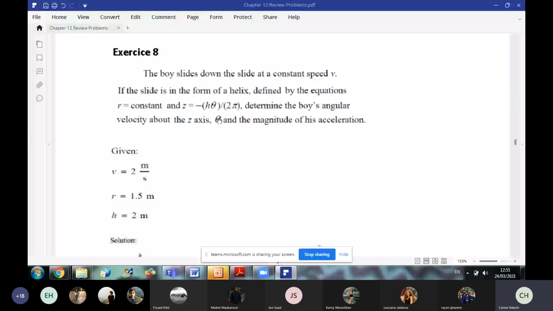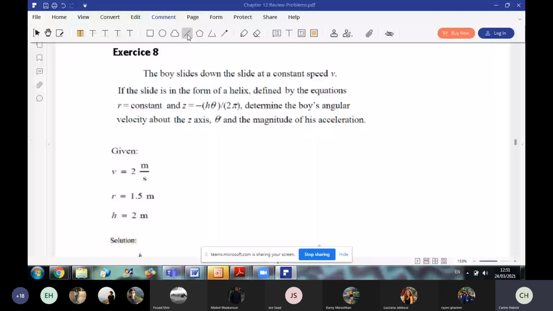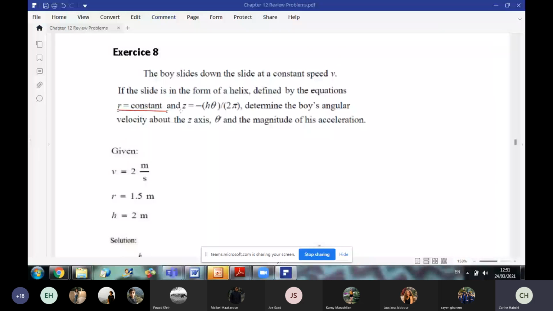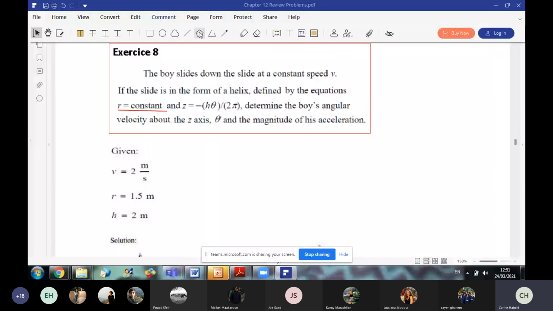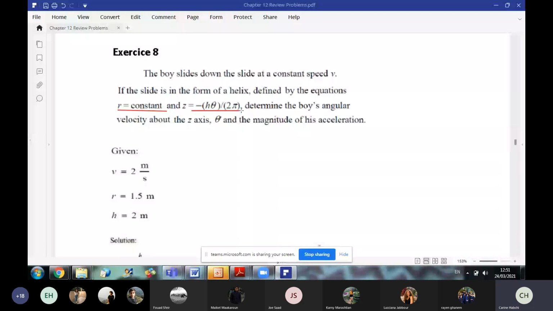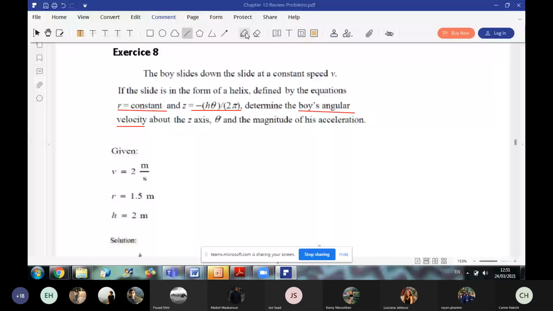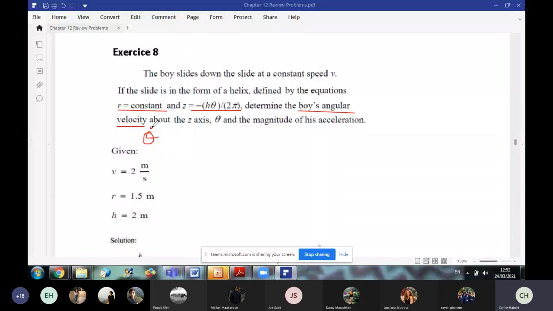So here in this problem, we know that r is constant, and we know that z is given by minus h theta over 2 pi, and we want to determine what is the boy's angular velocity. So we want to determine theta dot, and we want to determine also the magnitude of his acceleration.